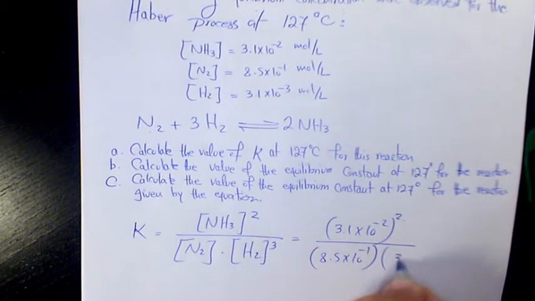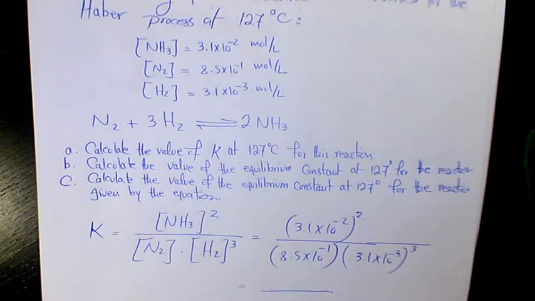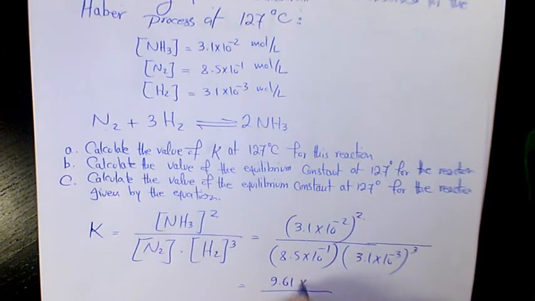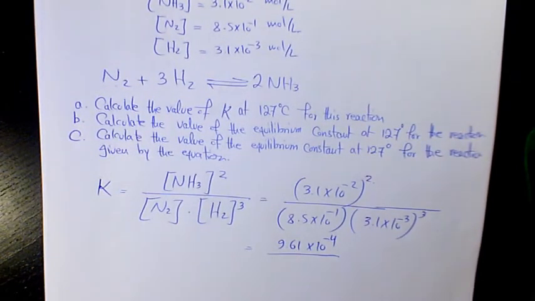And H2 is 3.1 times 10 to the power of negative 3, cubed. That's going to be 9.61 times 10 to the power of negative 4 divided by 8.5 times 10 to the power of negative 1 times 3.1 times 10 to the power of negative 3 to the power of 3.